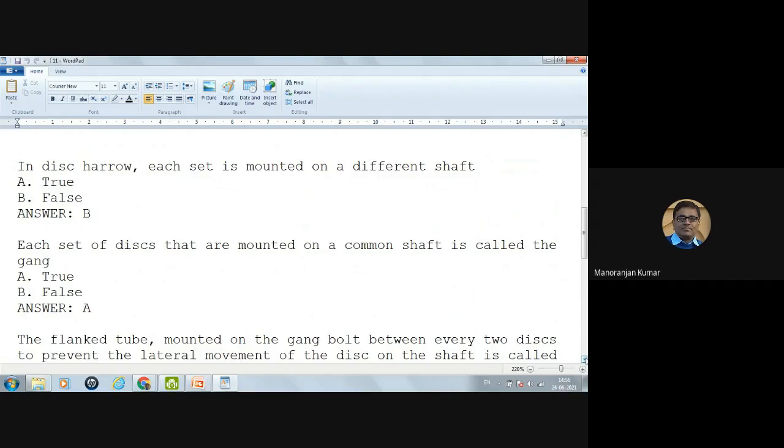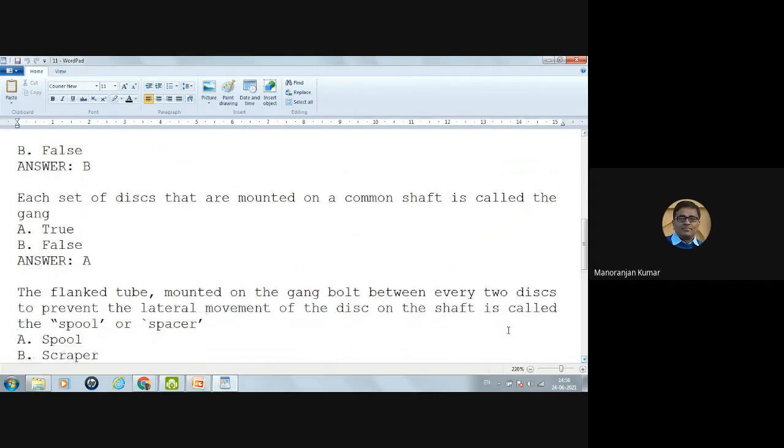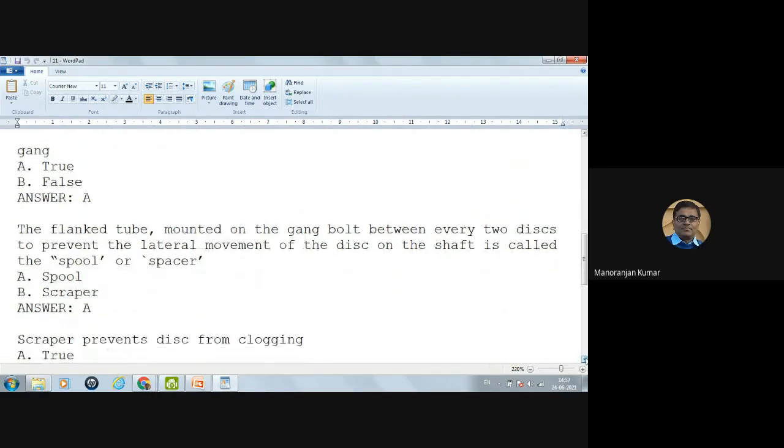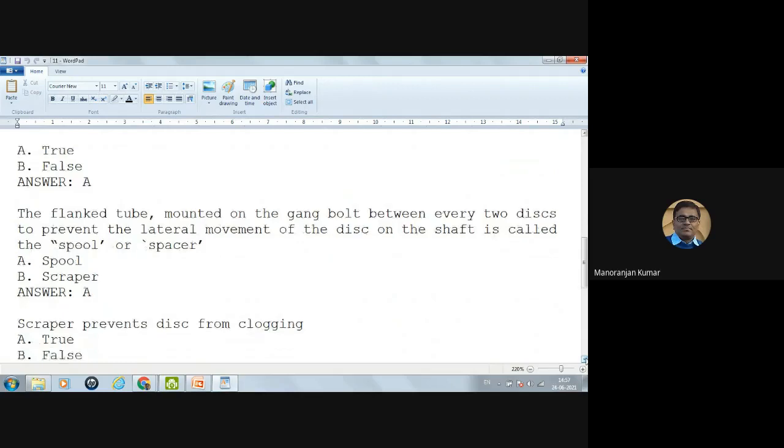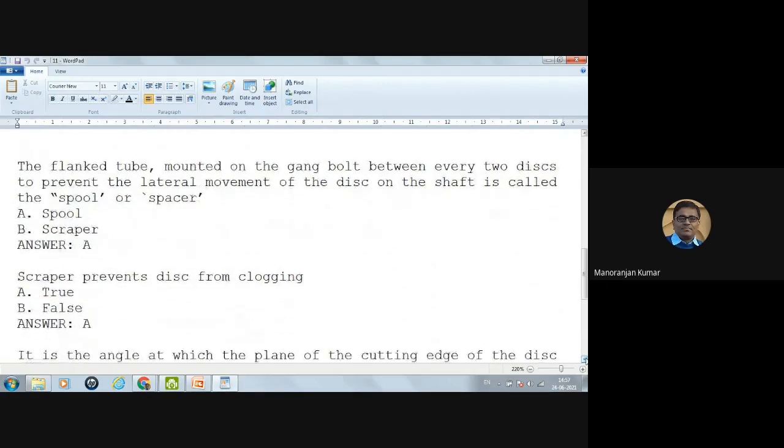In the picture we have seen, yes, it is okay. What is it called, that flank tube, a spool or a spacer? This is known as a spool. A scraper prevents the disc from clogging. Yes, correct. It will remove the soil.